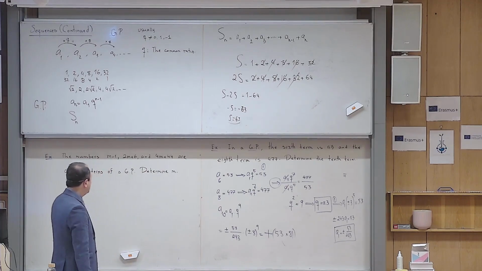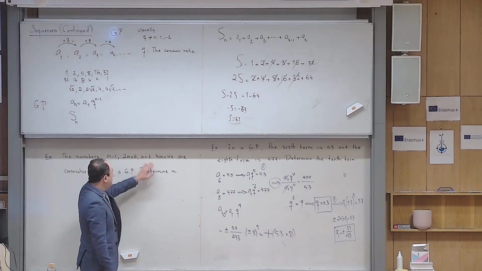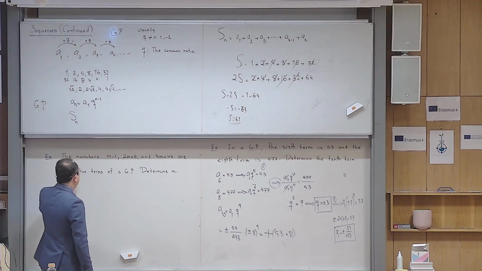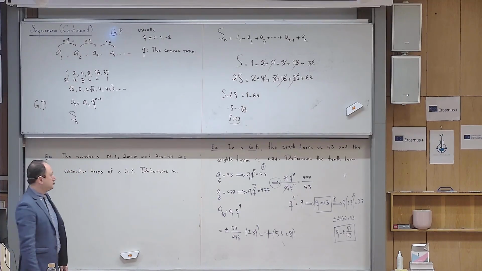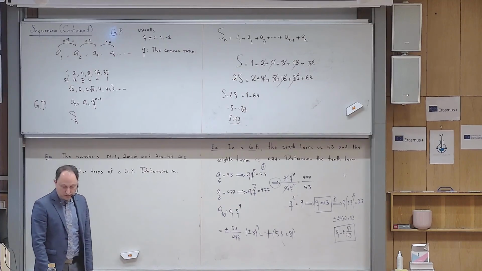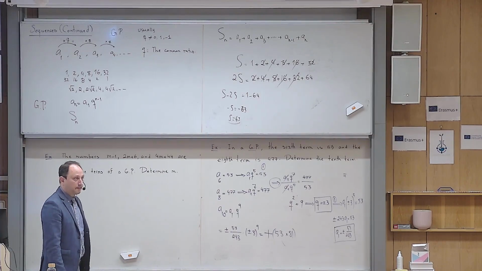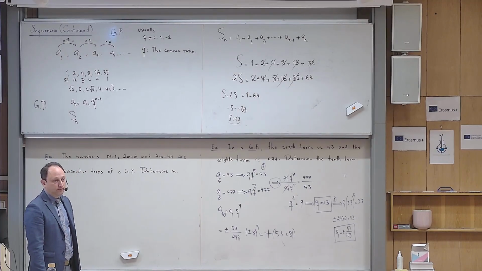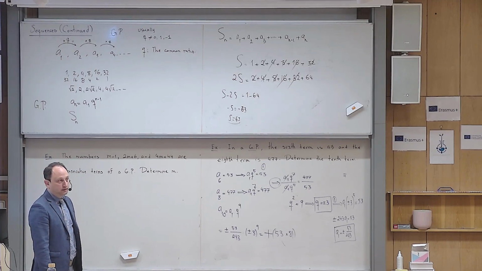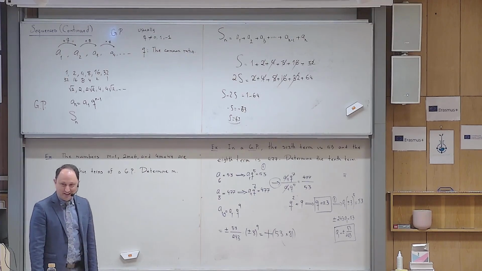So how should I solve the problem? These are 3 consecutive terms of a GP, and I'm supposed to find m. What's the starting point? No, the idea should be clear, then I do the calculation.